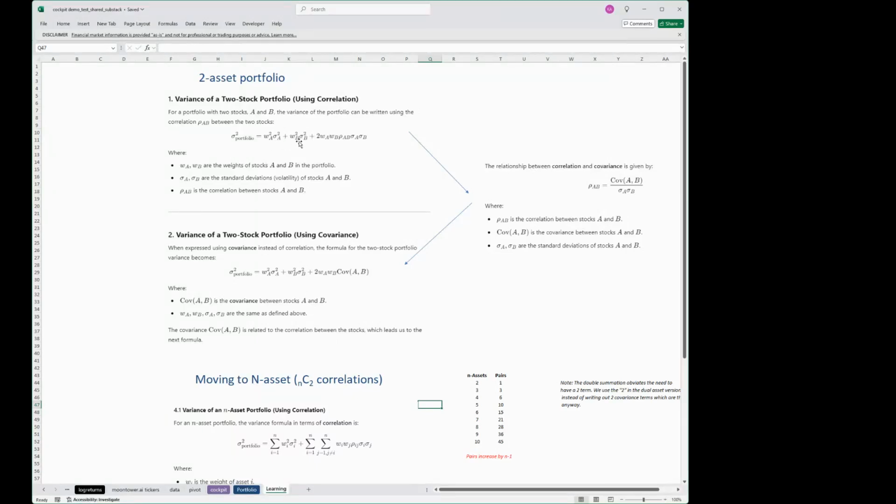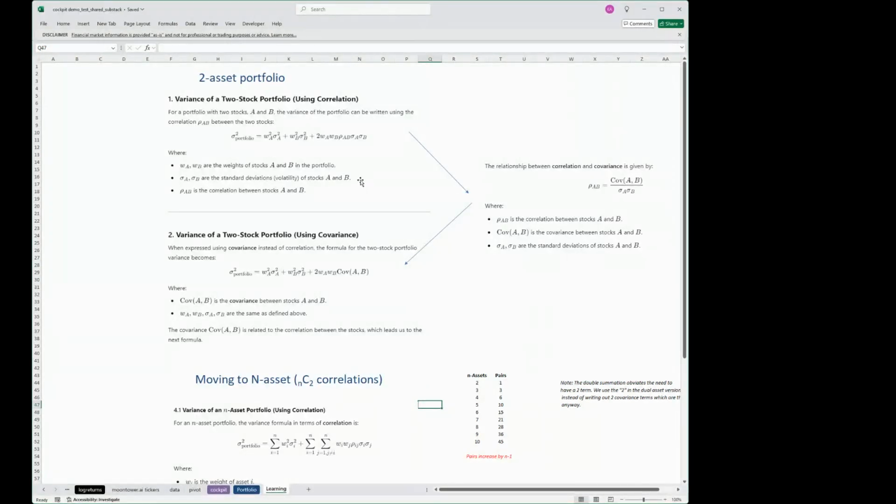You're adding that to the weight of asset B squared times the volatility of asset B squared, plus this strange term here, which is 2 times the weight of A times the weight of B times the correlation of A to B times the vol of A times the vol of B. That's the formula for portfolio vol for our two asset portfolio.